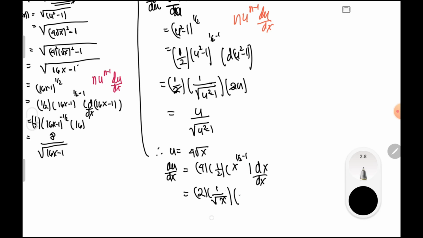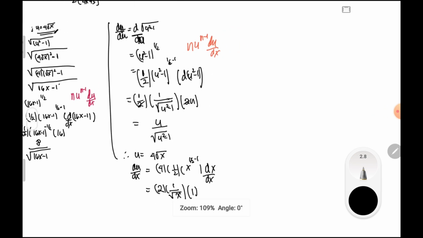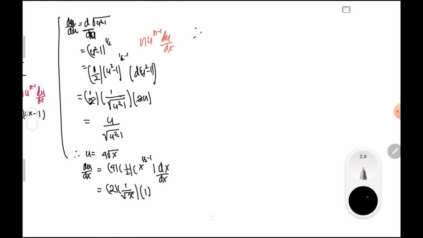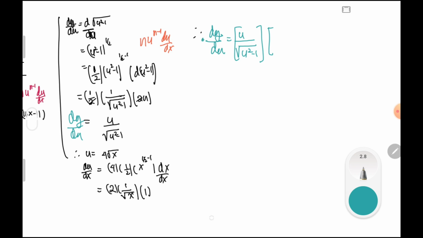So getting our dy over du, which is equal to u divided by square root of u squared minus 1, multiplied by our du over dx, which has a value equal to 2 divided by square root of x.